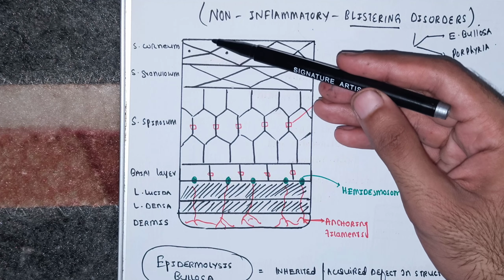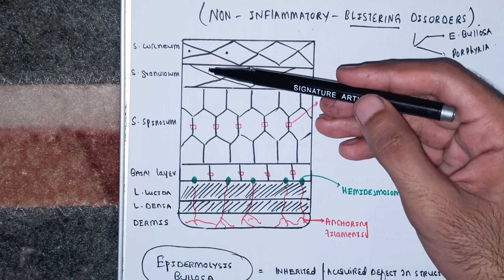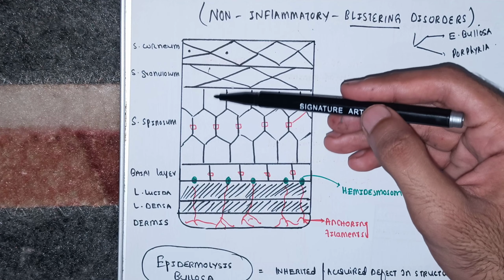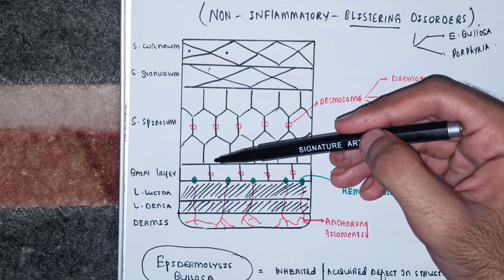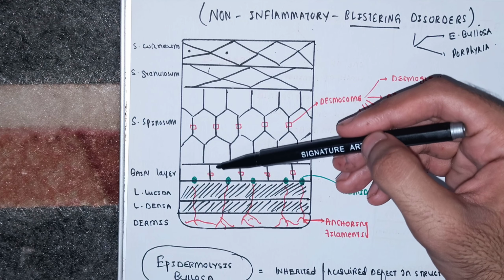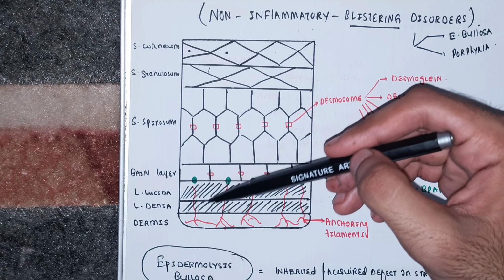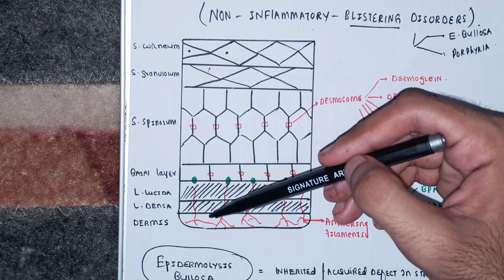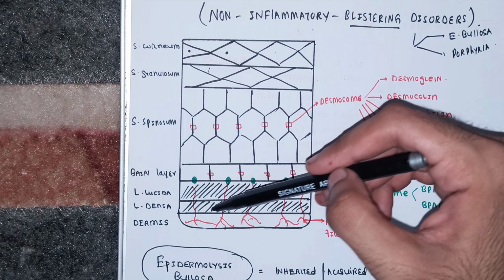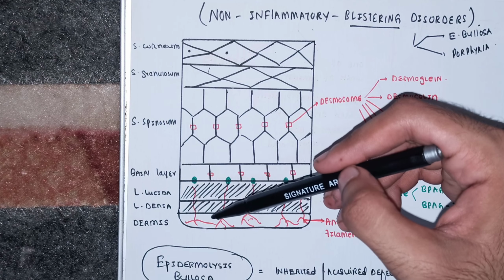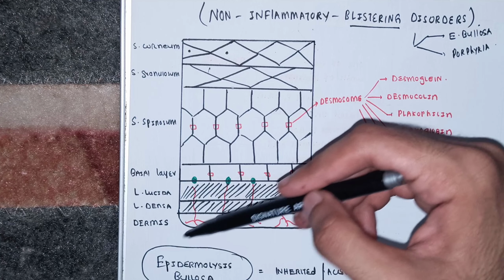This is stratum corneum, this is stratum granulosum, this little thicker one is stratum spinosum, and this nice little layer is the basal cell layer. Then these couple of layers, lamina lucida and lamina densa, together make up the basement membrane, and below the basement membrane is the dermis.